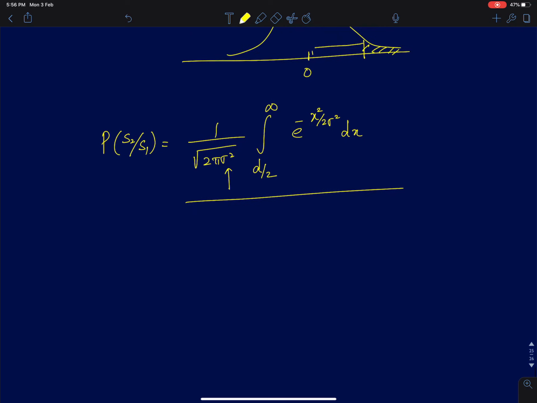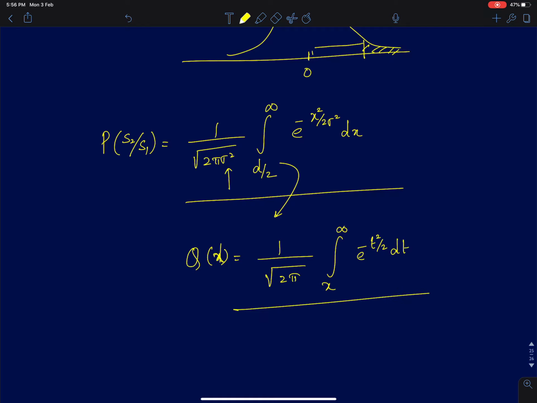Now to evaluate this integral, I am going to compare it to the Q function, which is 1 by root 2 pi, integral from x to infinity of e power minus t square by 2 dt.